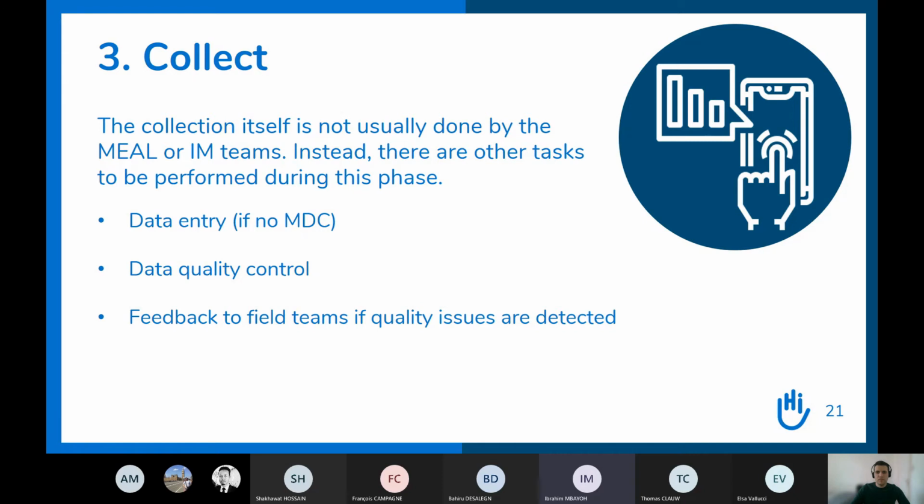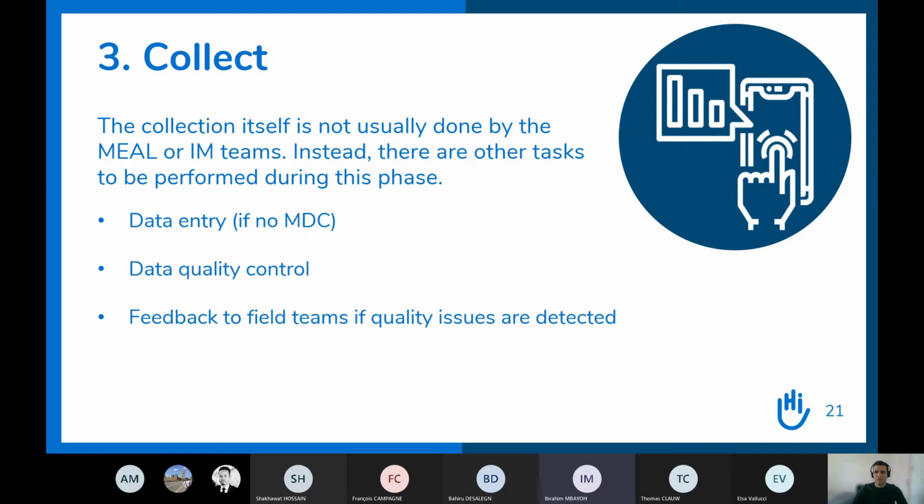And I just want to add that even if we have the human capacity and the resources for data collectors to do the data collection, it is a good practice to do on-the-spot checks in the field and to ensure that the data collectors are actually following the data collection procedures and protocol that are outlined in their contract.